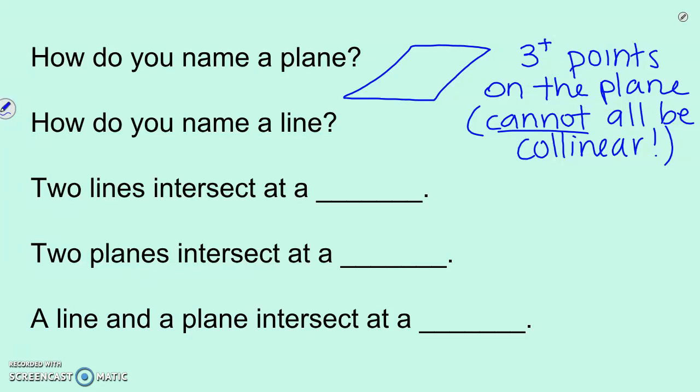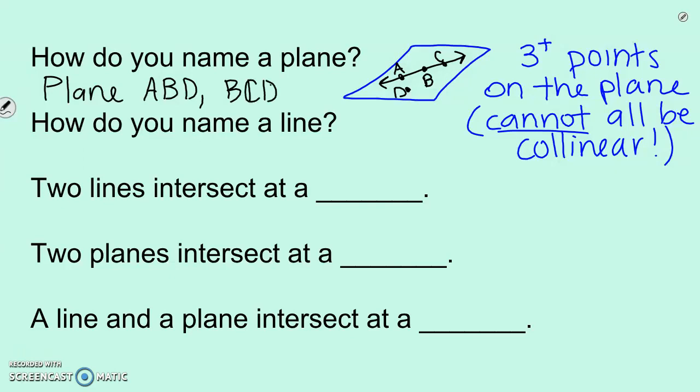So what that means is that if I have a plane, and let's say there's a line on the plane, and on that line there's A, there's B, there's C, and then there's a point over here that's D. You can name this plane, there's no symbol for it, you just use the word plane. You could name it plane ABD. You could name it plane BCD.